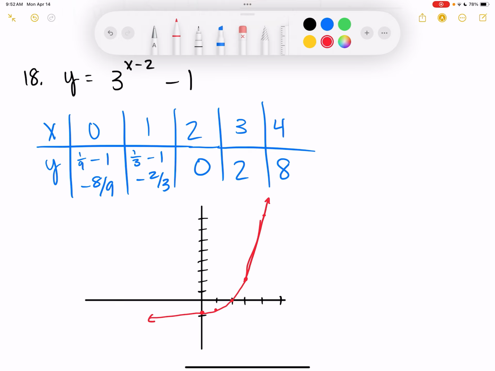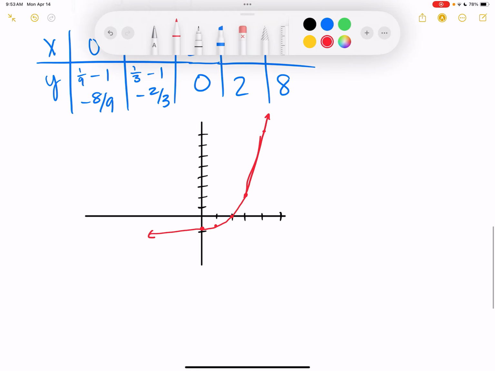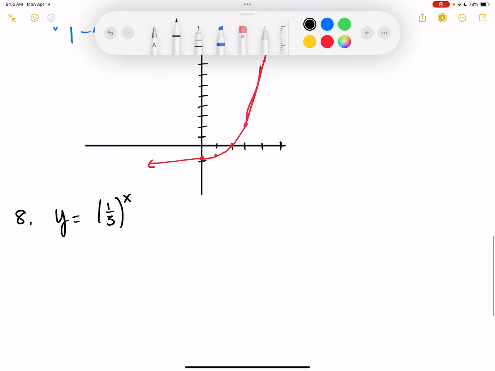Let's see, number... I hate fractions. Number 8. Y equals 1/3 raised to the x. So I'm going to go back to just -1, 0, and 1 here for these ones.